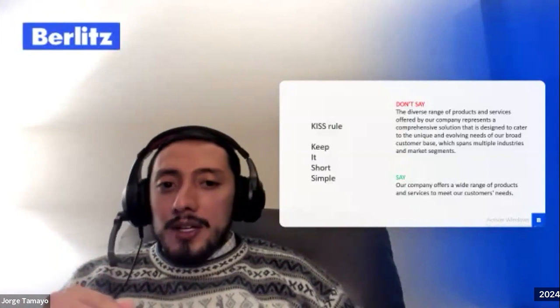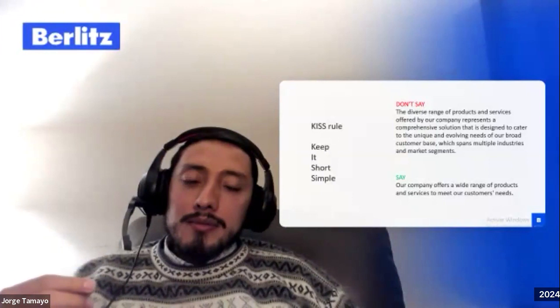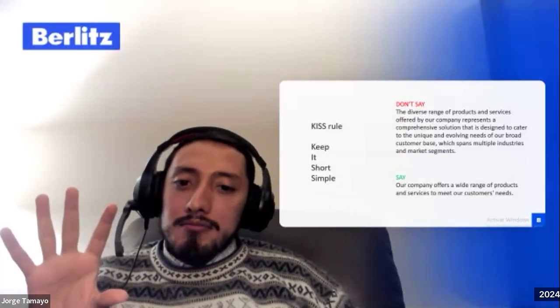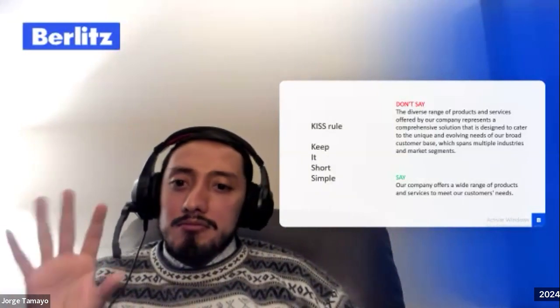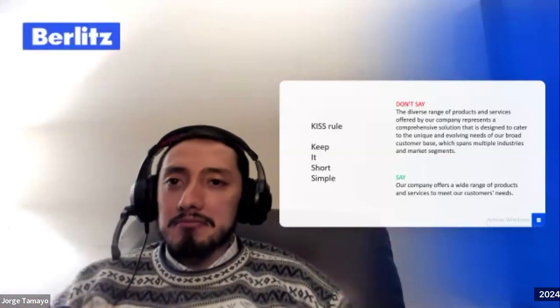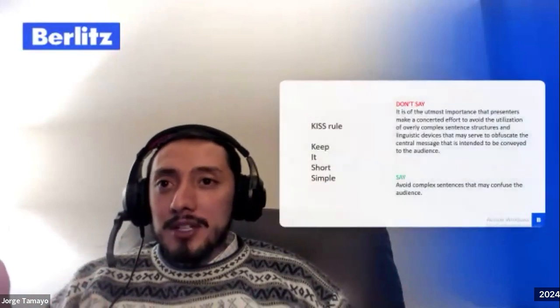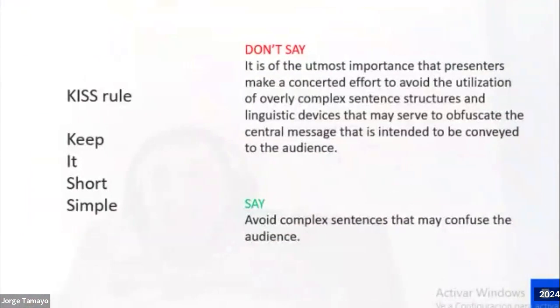To put it another way, your sentences should be as simple as subject, action, something. That's it. No need for more, right? Let me give you another example. Here we have another terribly long sentence that we don't want to use in our presentations.